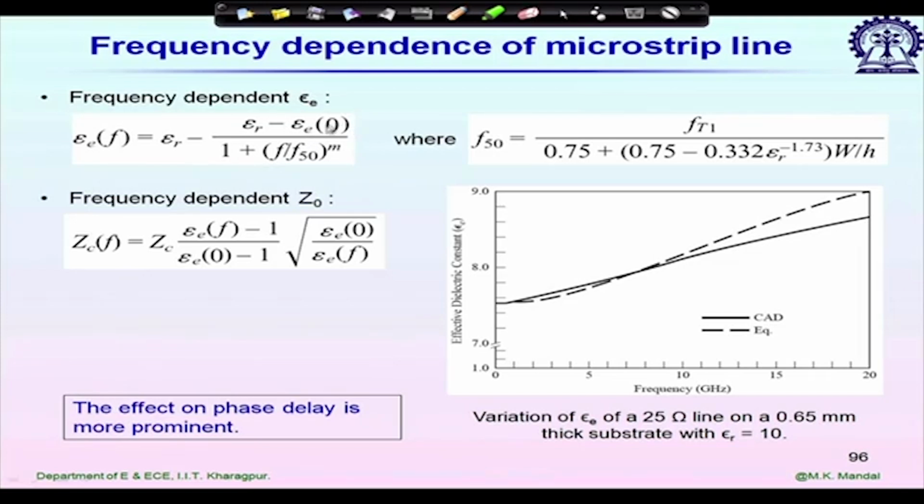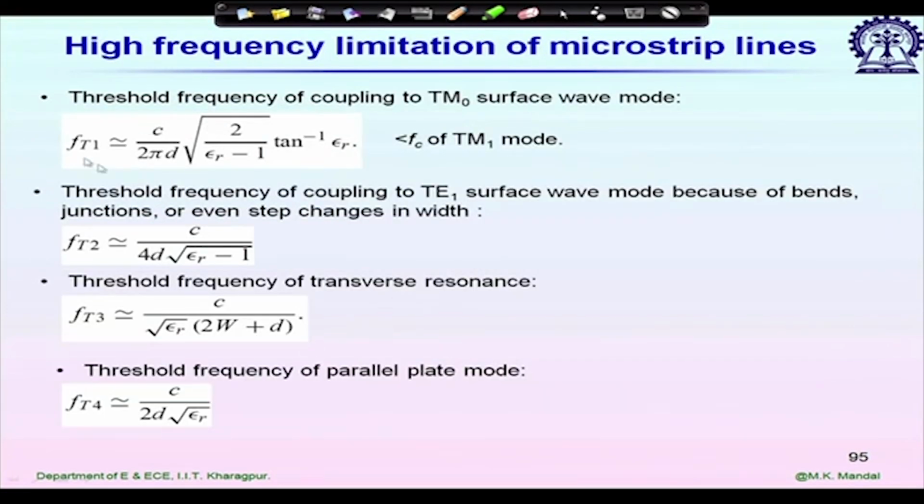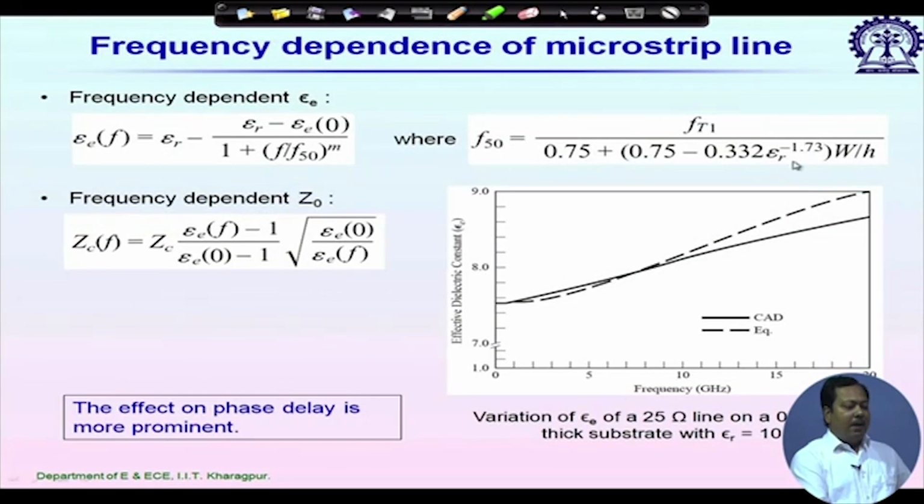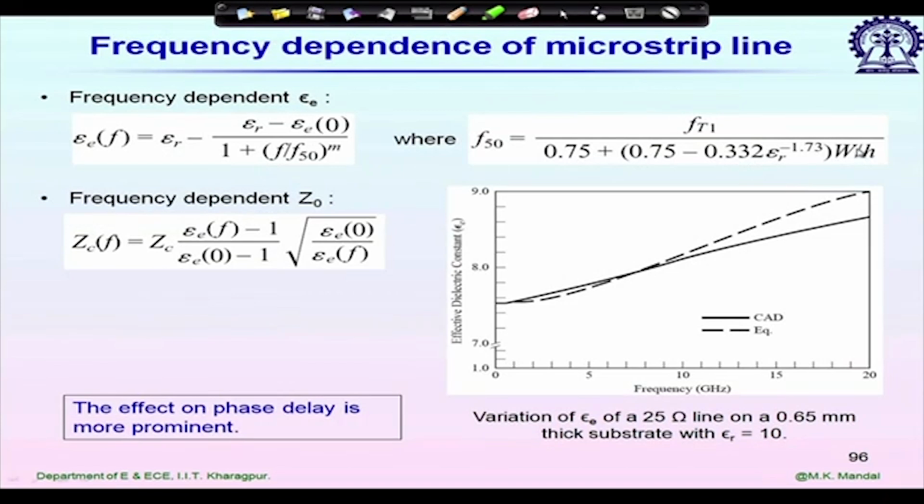Epsilon E 0 means the effective epsilon at DC, when frequency tends to 0, and f by f50, where f50 is given here, ft1 is the cutoff frequency defined by this first equation, and W is the width of the strip. Here H is shown instead of D; it represents the thickness of the substrate.